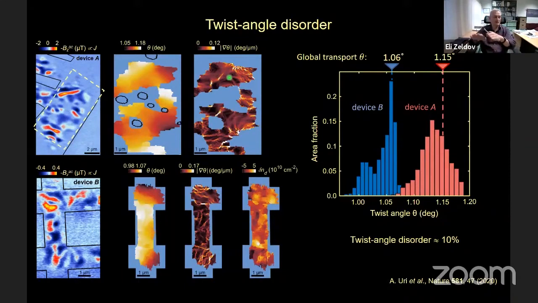Having twist angle variation costs you a lot of elastic energy. So the system prefers to have some network of stacking folds where you change your twist angle abruptly, and then mosaic. You see this in both these samples very clearly.